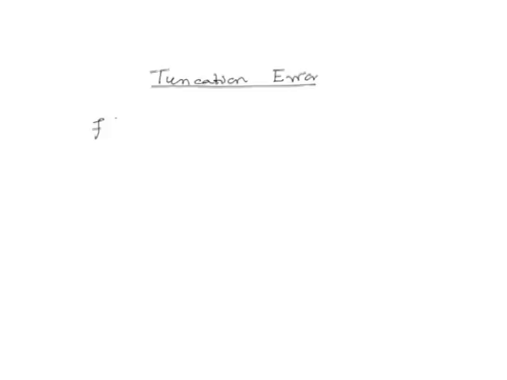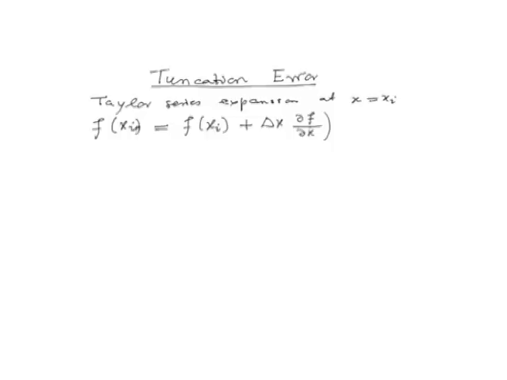So, f at point xi plus 1, using Taylor series expansion at x is equal to xi, can be written as f at xi plus delta x times del f over del x at xi plus delta x square divided by 2 times del 2 f over del x square plus delta x cube by 3 factorial times the third derivative of f with respect to x at point xi, plus so on.